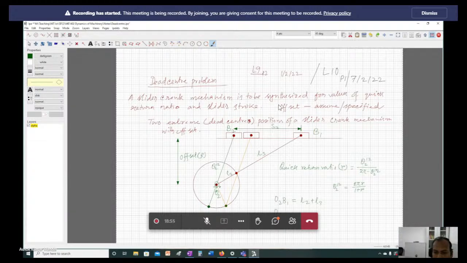On the other hand, what is this length O2B2? What is this length O2B2? It is L3 minus L2. This is L3 minus L2. Let us draw it once again.